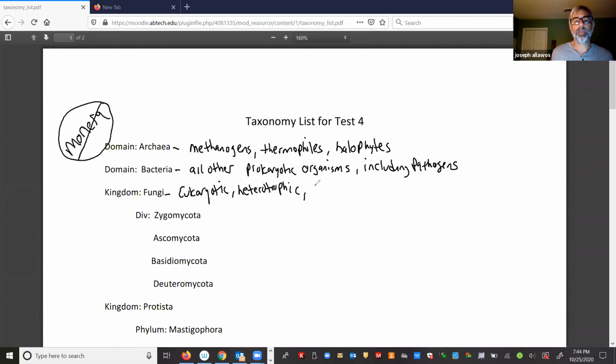Some other things about them: they are spore producing and filamentous in life form. There are some exceptions, the yeasts being the exception to this. The yeasts are actually unicellular.